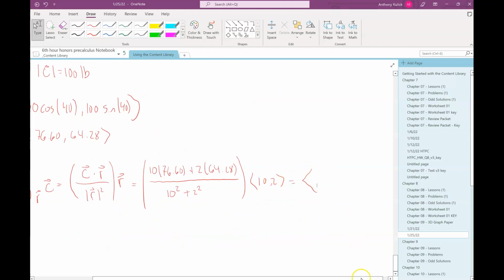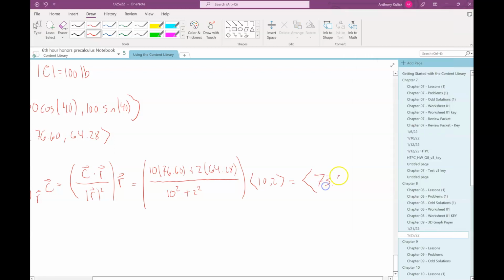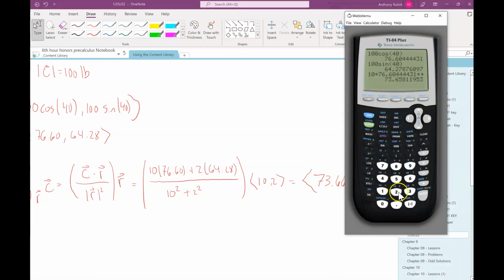And I think I'm going to do this all at once. So we have 10 times this times another 10 divided by 104. So 7366. We have 2 times 64 times another 2 divided by 104. So that's not right.